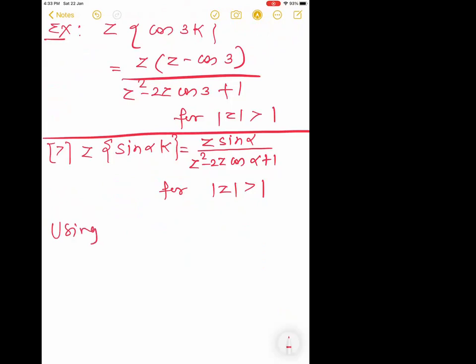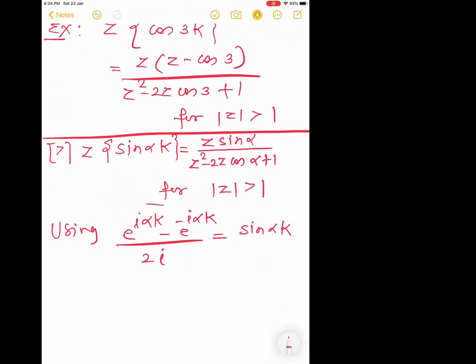Using e raised to i alpha k minus e raised to minus i alpha k upon 2i is equal to sine alpha k. Use this form and simplify.